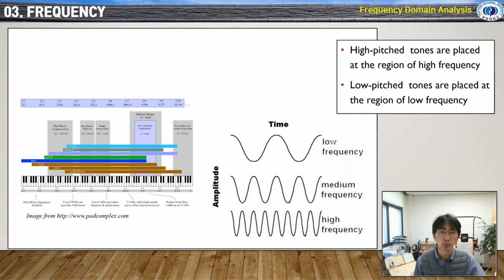Okay, this also applies when we talk about sound, like musical notes. In musical notes we sing do re mi fa sol la si do, and in that, the lower do is the low frequency, and the higher do is the higher frequency.